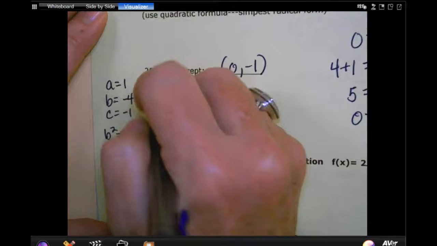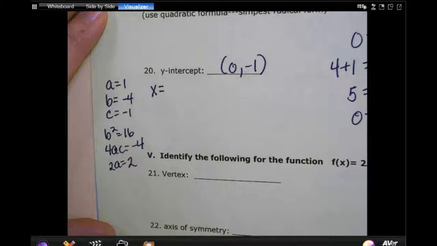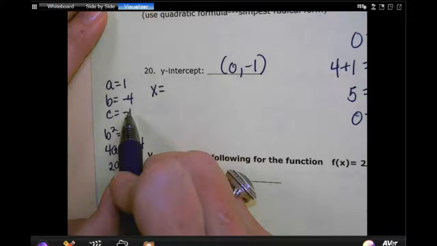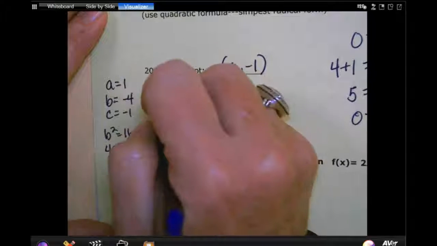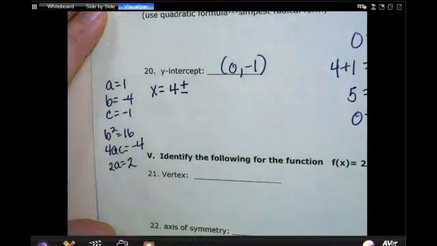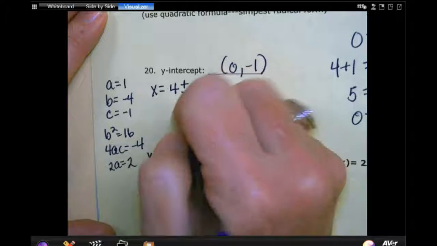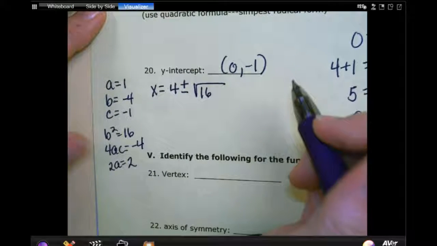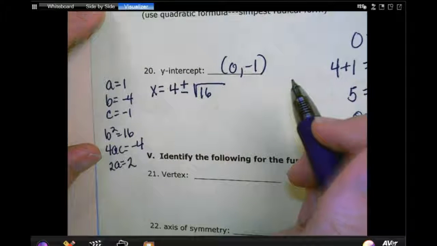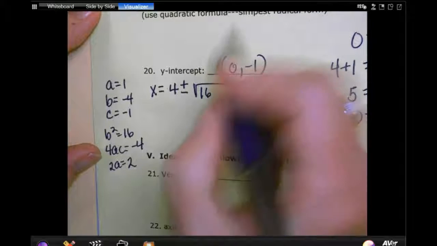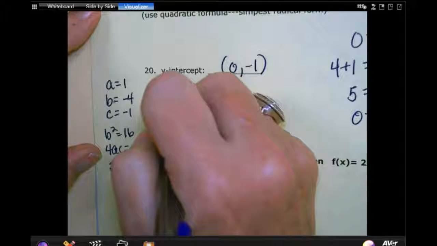So when I fill this in, x equals negative b. Well, my b is already negative, so minus the minus is a positive. So I get 4 plus or minus the square root of b squared is 16 minus 4ac. Well, the 4ac is already negative, so I'm going to put plus 4 all over 2.